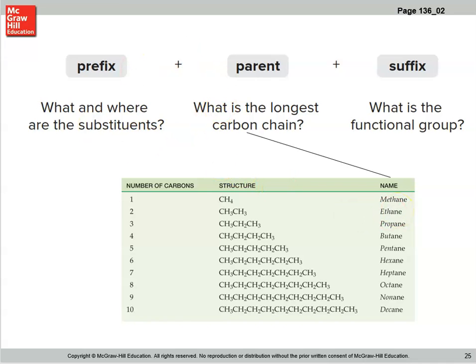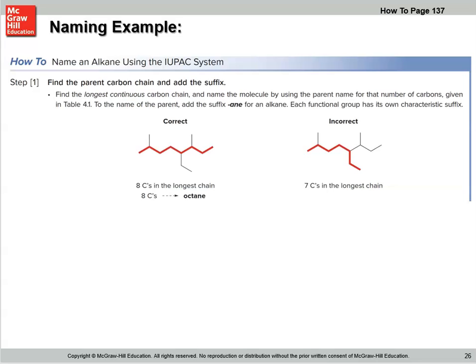Let's look at a few more examples of these. Using the IUPAC naming system, the first thing we have to do is find the longest chain. Here is an example of the correct way to find the longest chain. We're going to count 1, 2, 3, 4, 5, 6, 7, 8. So that's octane, because there are no double bonds in here. That's the first step.